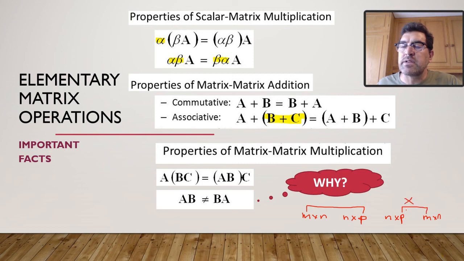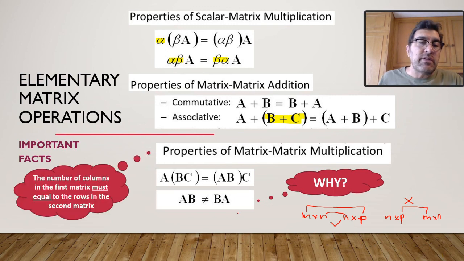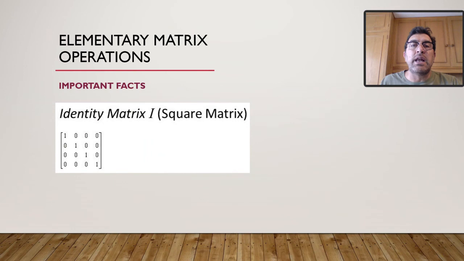So that product can't happen. This product could happen because these two were the same. So remember that. The number of columns in the first matrix must equal the number of rows in the second matrix for that product to be allowed.